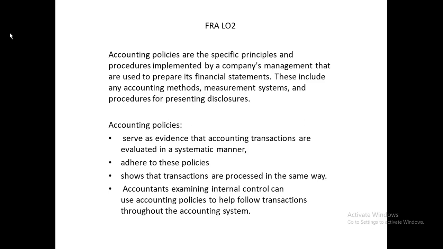So these are different accounting policies. Each company has to have its own policies regarding the preparation of financial statements. This includes any accounting methods, measurement, system, and procedures for presenting disclosures.